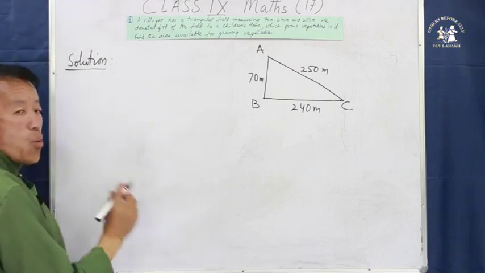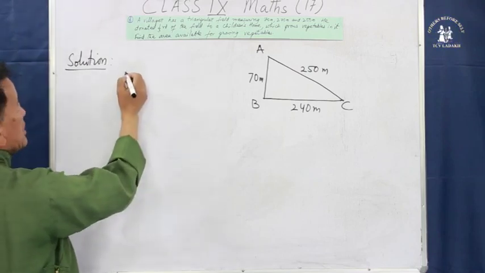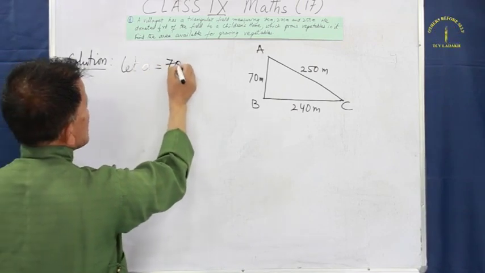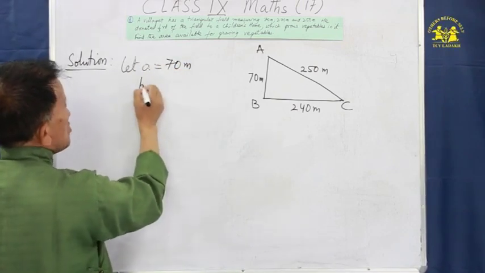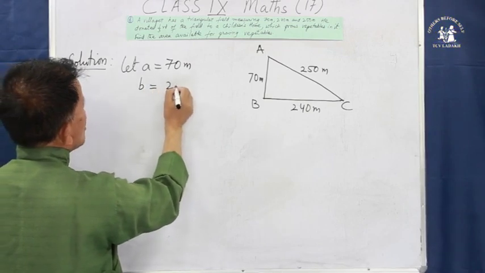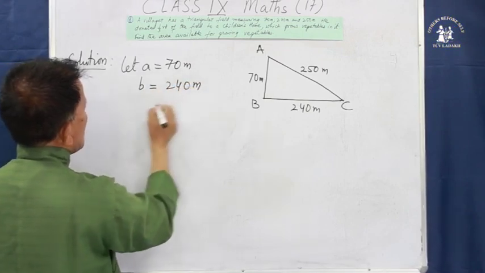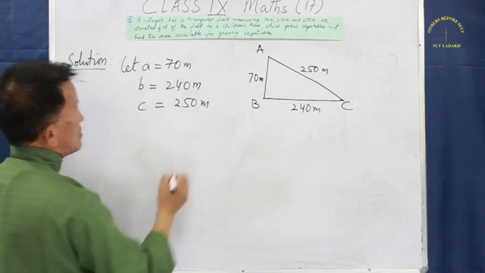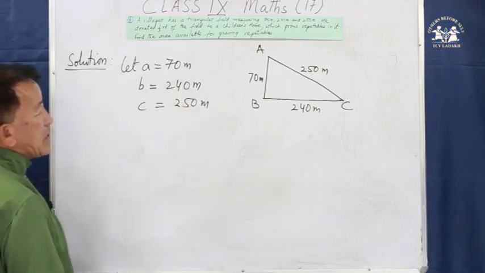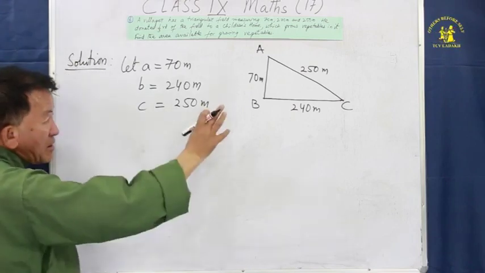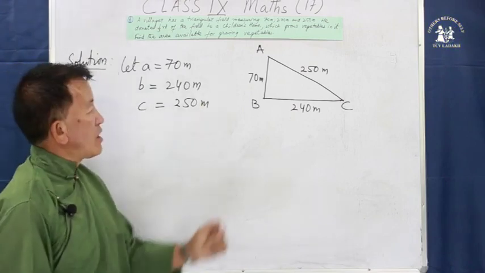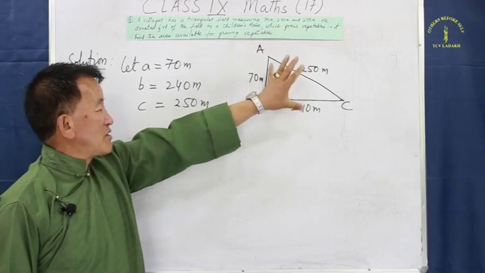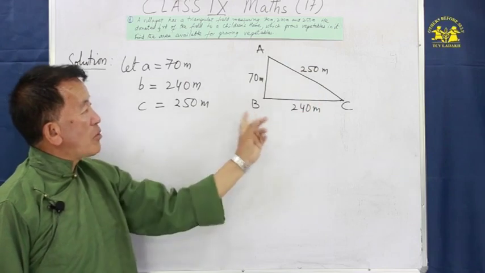So here let A be equal to 70 meter, B equal to 240 meter, C equal to 250 meter, right? Okay, now before that, let's see if you can find a peculiar relationship among these sides.